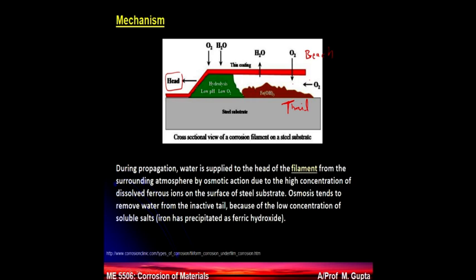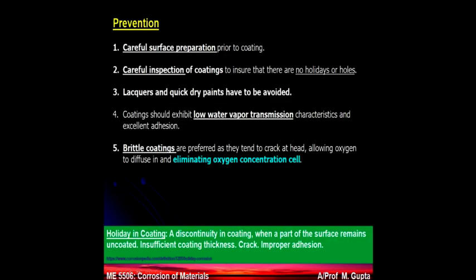So some of the preventive measures to fight filiform corrosion: you have to ensure that you polish your surface and prepare your surface well, so that whatever coating you put on does not lead to any holidays or holes. What is the meaning of holidays? A discontinuity in the coating.